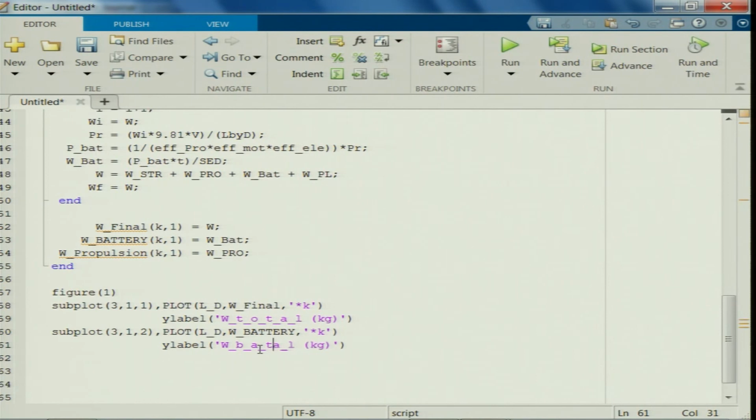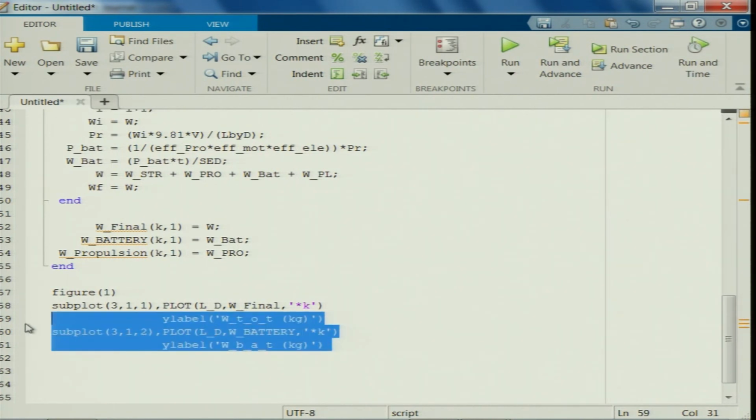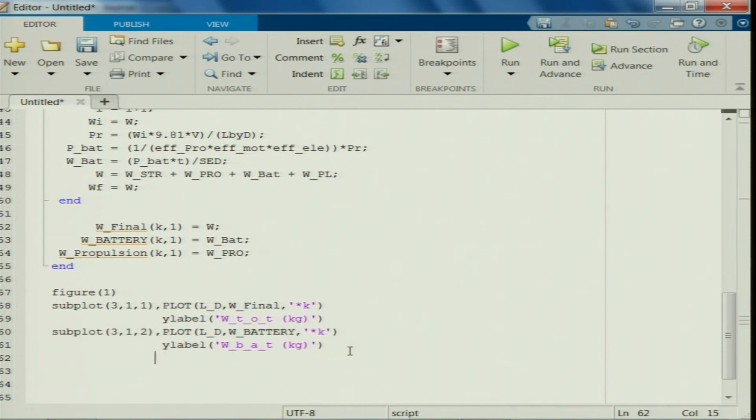BAT, battery weight, TOT, total, let's not write the entire thing, total. So, we are also plotting the propulsion weight variation with battery weight.